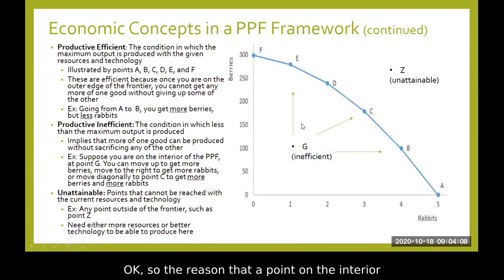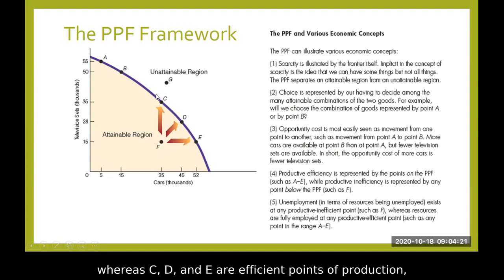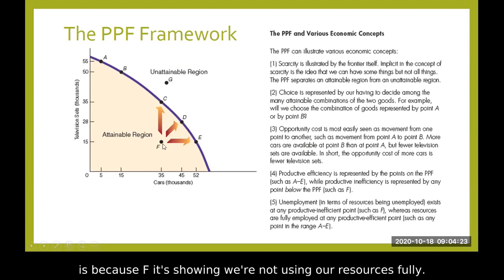Okay, the reason that a point on the interior is productive inefficient, I can just go back to this point here. At F, the reason that F is inefficient, whereas C, D, and E are efficient points of production, is because at F, it's showing we're not using our resources fully.